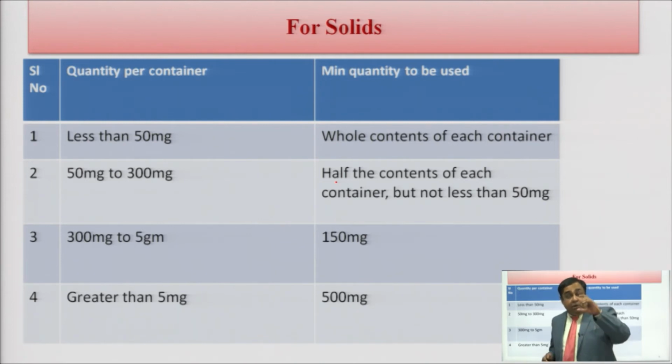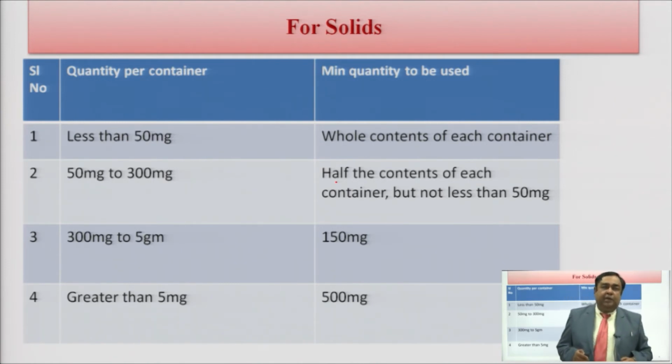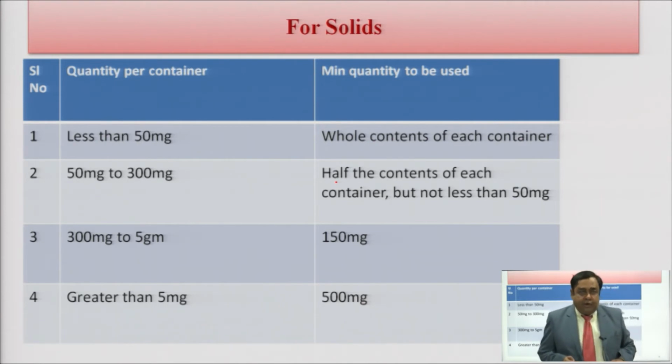That is, if the tablet or solid which you want to test has a quantity per container of 50 milligram to 300 milligram, half the content of each container has to be taken, provided that the sample should not be less than 50 milligram.